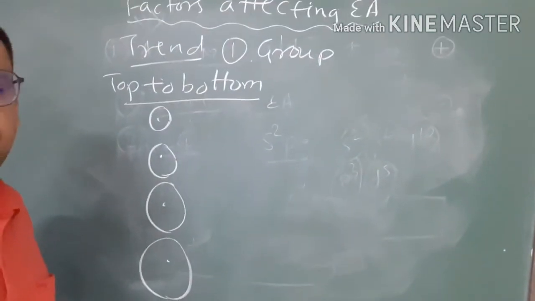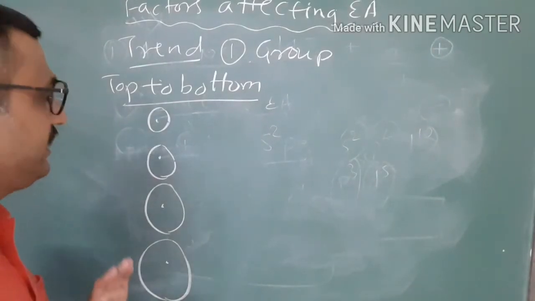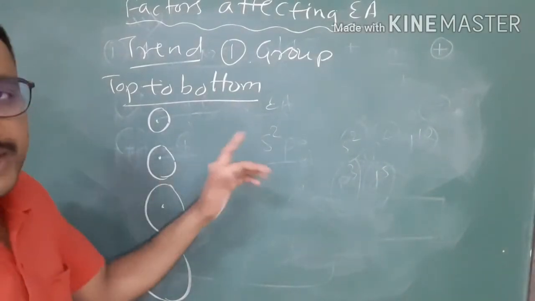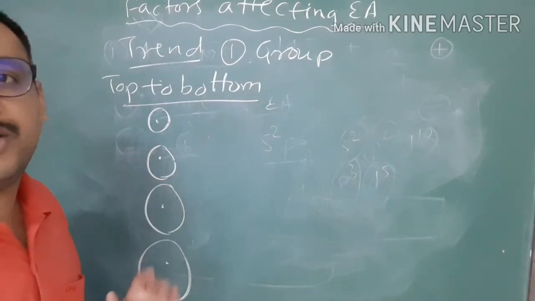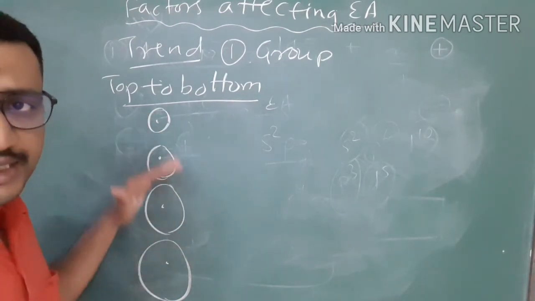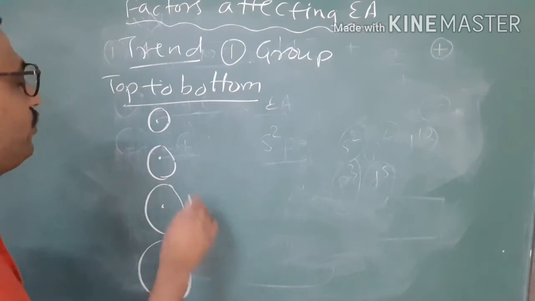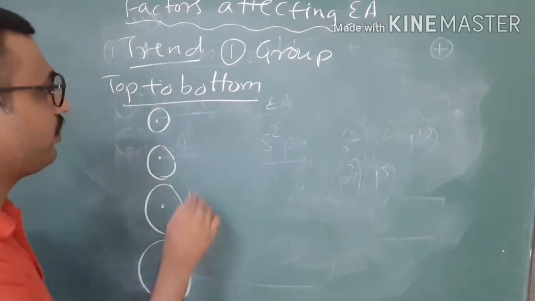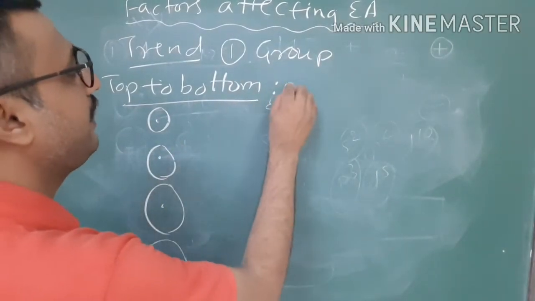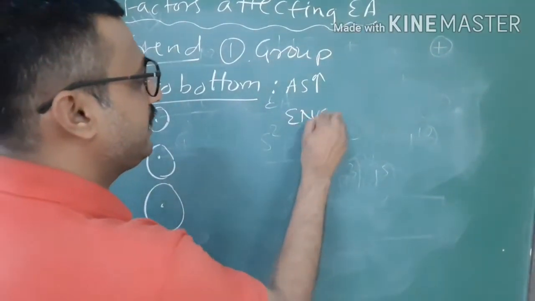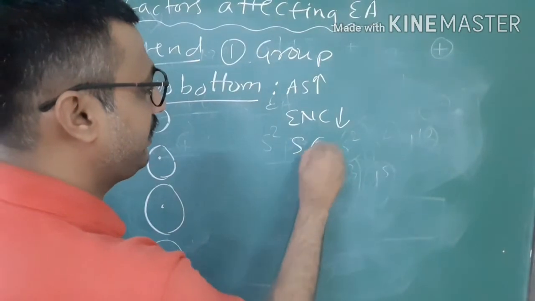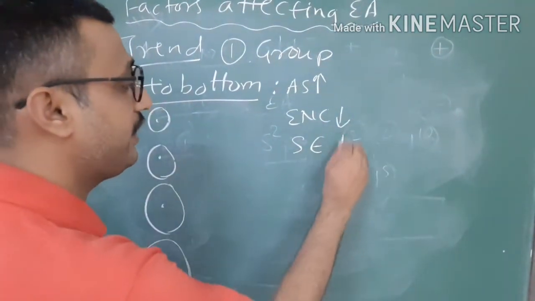Top to bottom, as the atomic size increases, effective nuclear charge decreases, and electron affinity value also decreases because the screening effect also increases. So what should we write here? Top to bottom, atomic size increases, effective nuclear charge decreases, screening effect increases.